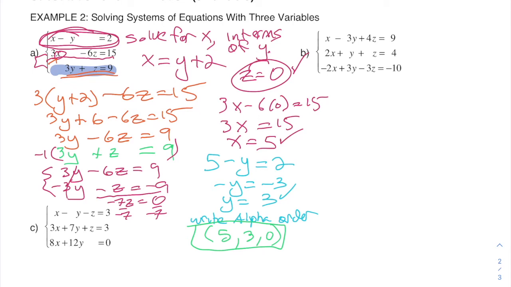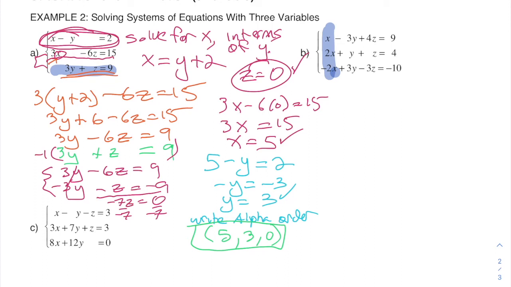Okay, so again, looking at B, let's pick one variable to eliminate, and we may need to look at 2 or 3 equations at a time here. So now, if I'm looking at this, look at these x's. You have 2x, minus 2x, and you have x, which is easy to manipulate.